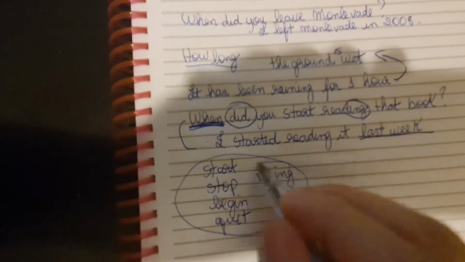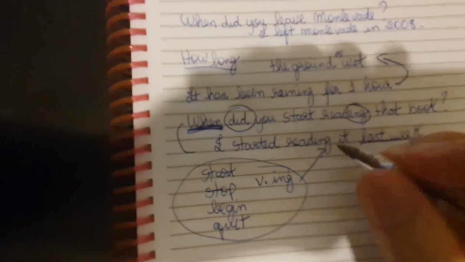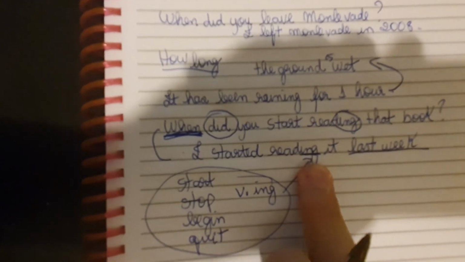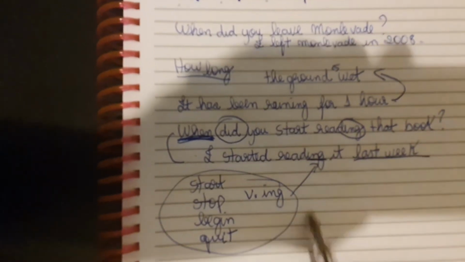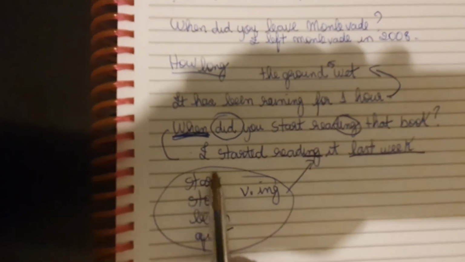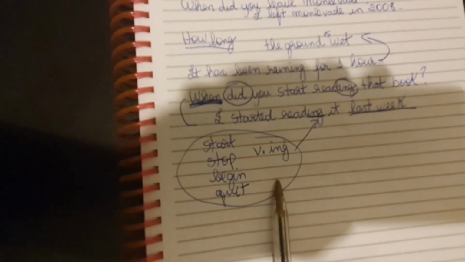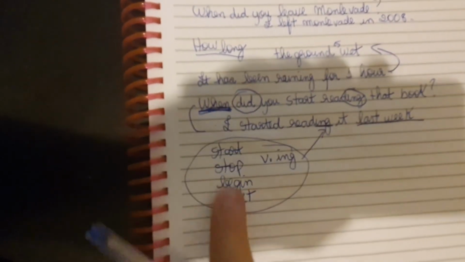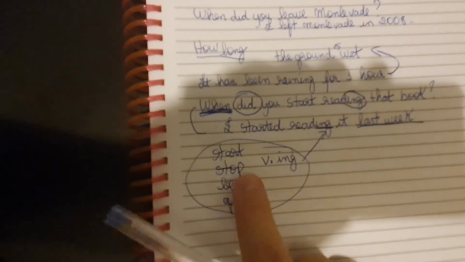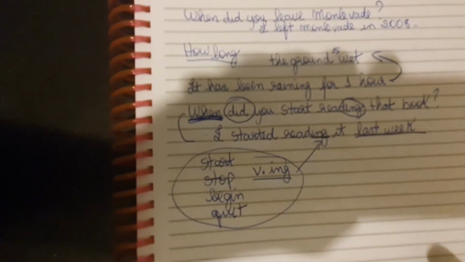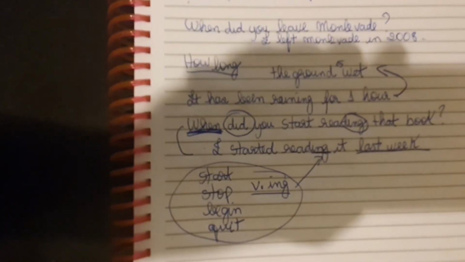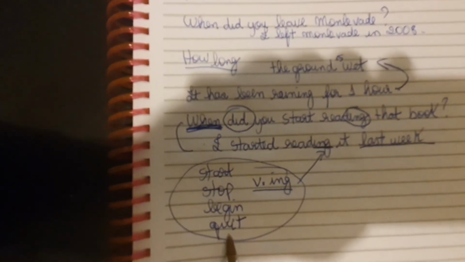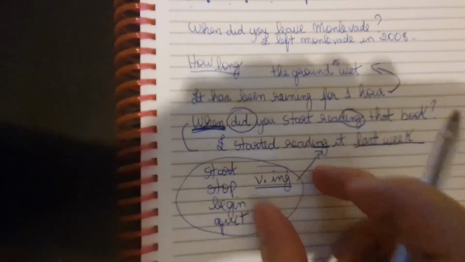But this is not the focus of the lesson. I just want to emphasize that this ing has nothing to do with continuous tense. No, it's not continuous tense. You just add ing because that is a rule which specifies that after a variety of verbs, not only these verbs, there are others, you have to put another verb followed by ing if it has another verb, not necessarily the sentence you are making has to have two verbs.